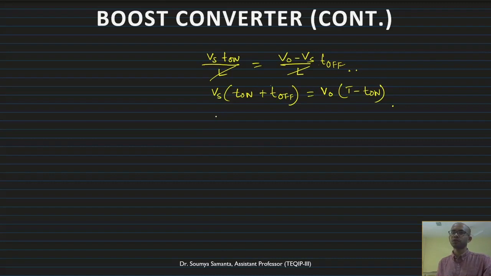So this equals the total time period T, Vs into T, which equals Vo into (T minus T on).